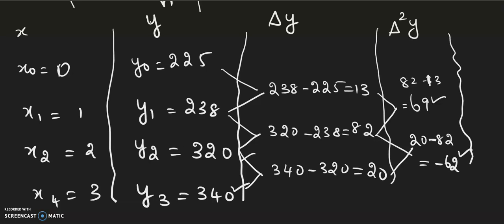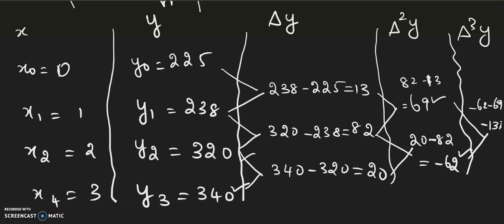Now we are going with the final tabular column, that is del cube y. Here, when you write second value minus first value, what will you get? That is minus 62 minus 69. Both are negative values, so we add and put the negative sign, minus 131.